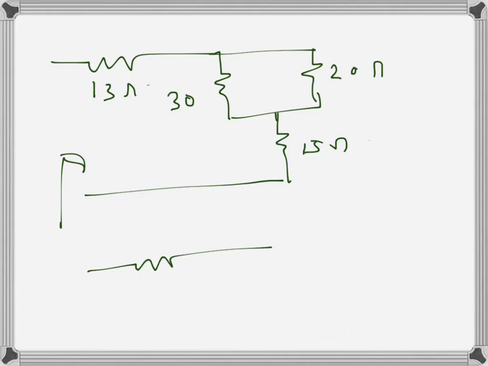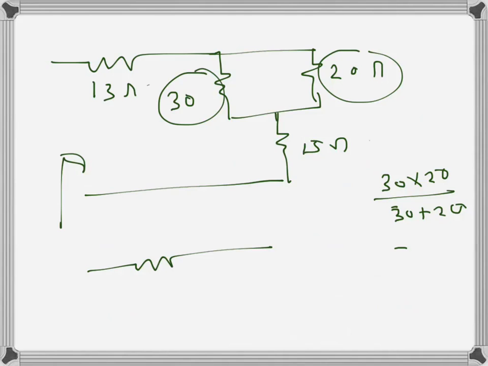So 13 there, and 30 and 20, the parallel equivalent will be 30 times 20 over 30 plus 20. I'm trying to find the parallel equivalent of 30 and 20. So that will be 600 over 50, that's 12 ohms there, and there is 15 ohms there, and then 13 ohms.